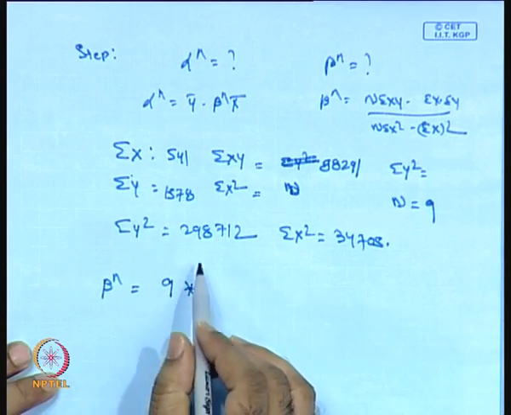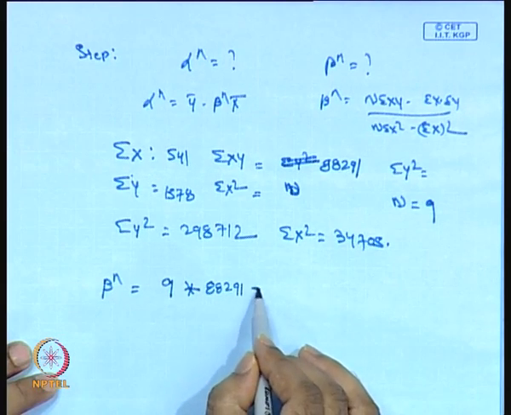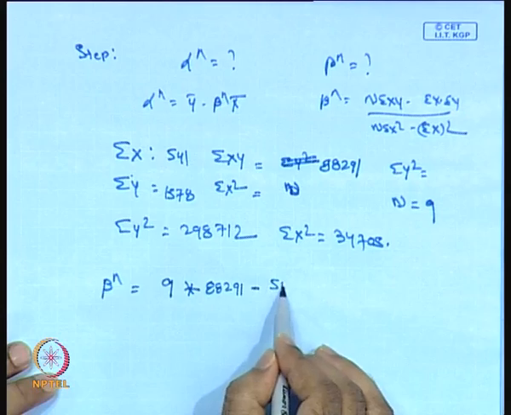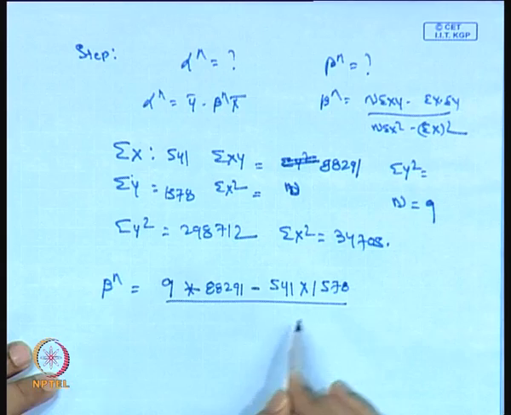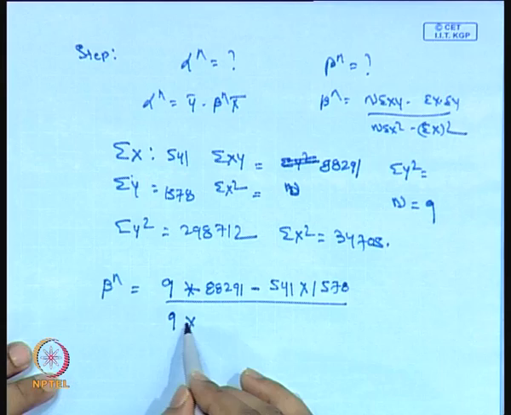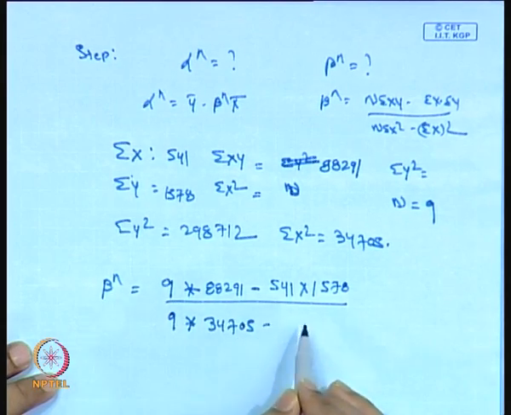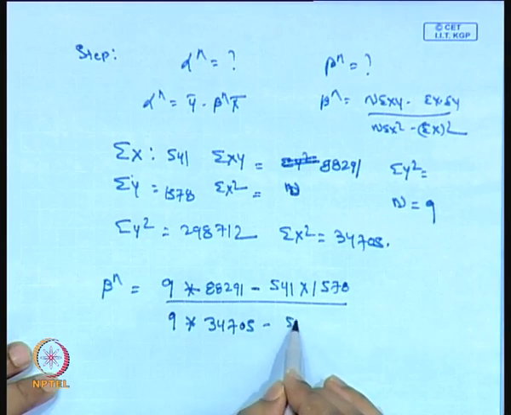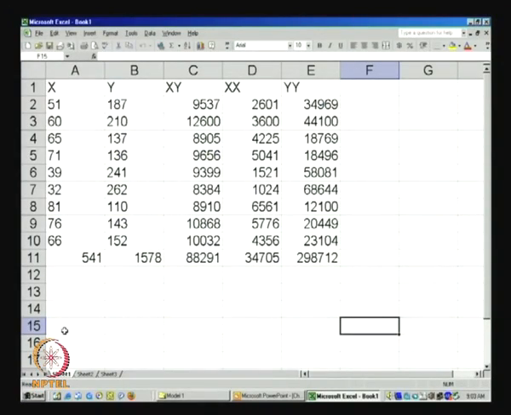So 9 into summation x y, which is 88291, minus summation x into summation y, so this is 541 multiplied by 1578, divided by n summation x square, so this is 9 into summation x square, equal to 34705, minus sum x whole square, where sum x equals 541, whole square. We would like to know what exactly this value is.